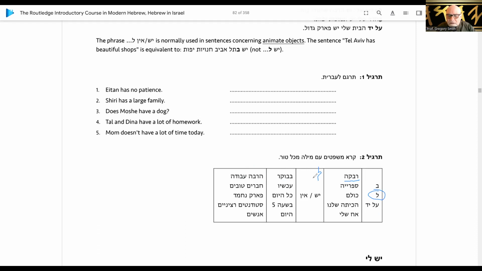Actually, let's do it this way. We're going to put a Lamed here. We'll use this. So le Rebecca, to Rebecca, and we'll use yesh. There is baboker, in the morning, harbe avodah, a lot of work. So let's put that in there and see how that works out.